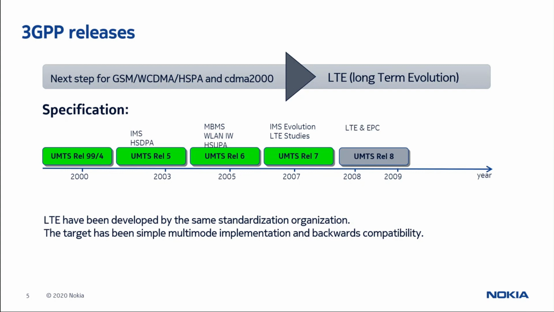Basically, 3GPP, as you might have understood by now, is a congregation of network operators. It's a collection of mobile network vendors, or let's say infrastructure providers like Nokia, Huawei, Ericsson, ZTE, and so on and so forth.